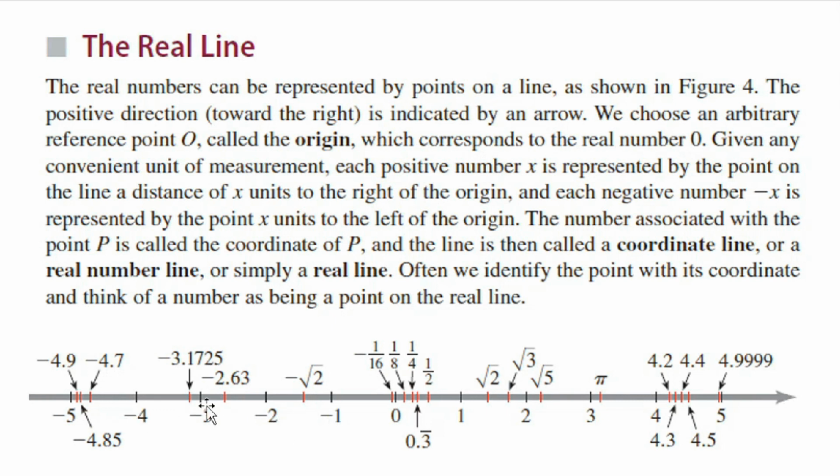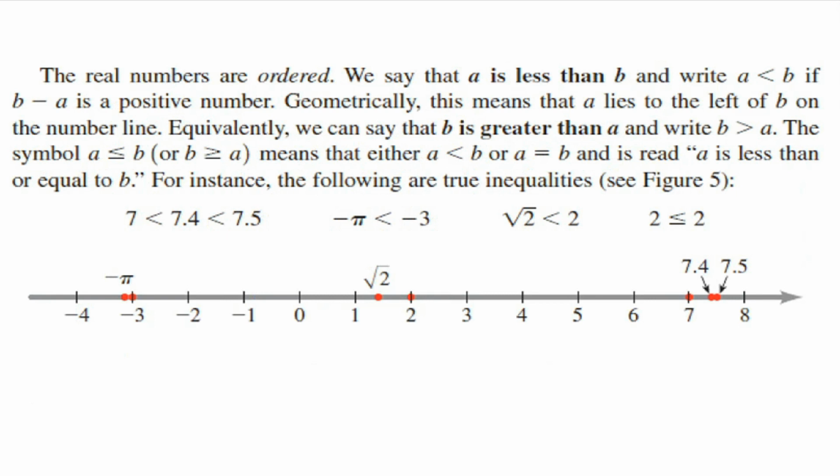I'm not going to discuss all the numbers here. Just remember that this is what we call the real line or the number line. The real numbers are ordered. We say that A is less than B. To write that, we have A < B, and this is the symbol for less than.